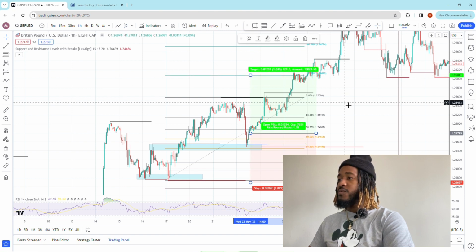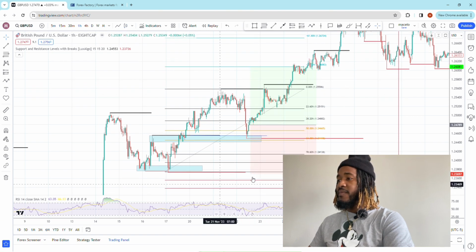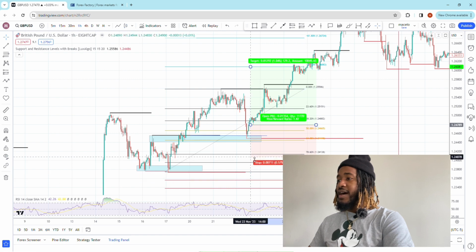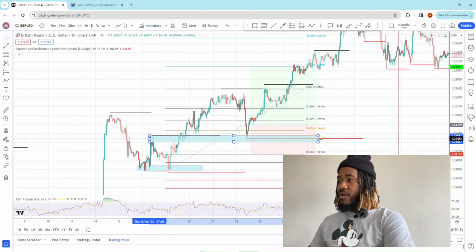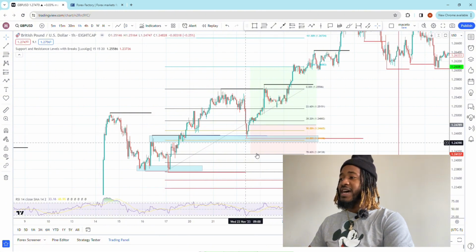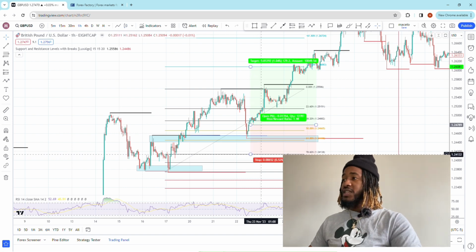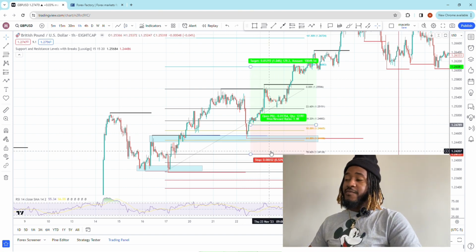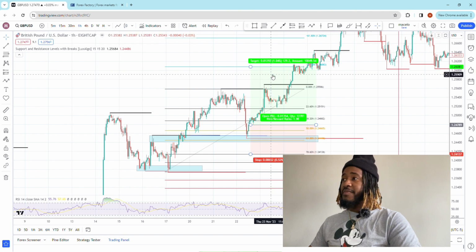My stop loss would have been at the 78. Why? It already hit the 50 and almost the 61, so I could put this at the 78. So I'm risking 65 pips for 129 pips. You could say 130. That was almost a 2-to-1 risk to reward.